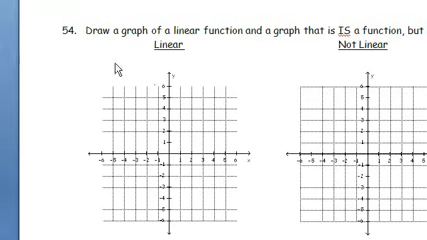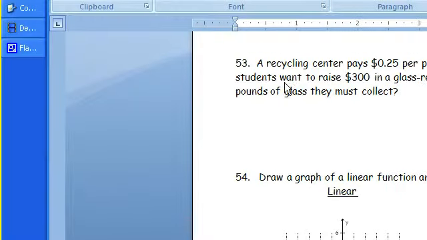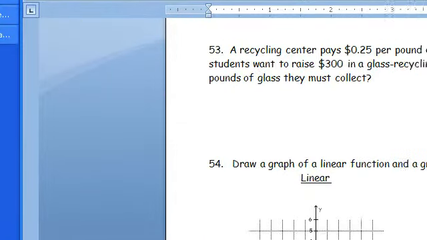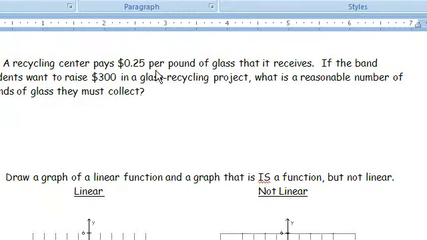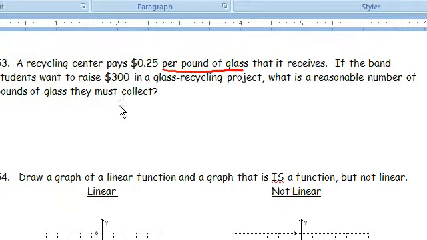Alright, let's look at number 53. A recycling center, it must be the Hogwarts Recycling Center, pays 25 cents per pound of glass, so $0.25 per pound of glass that it receives.